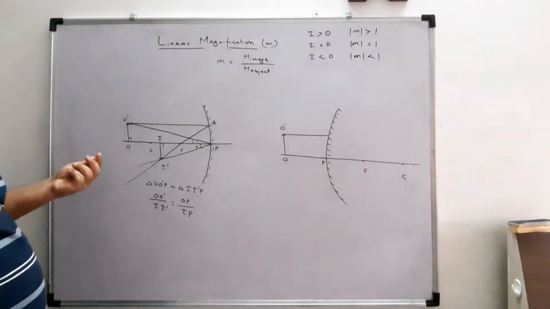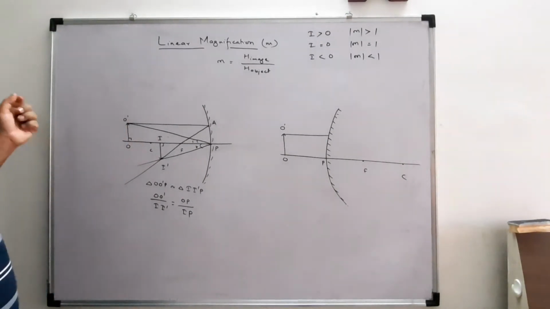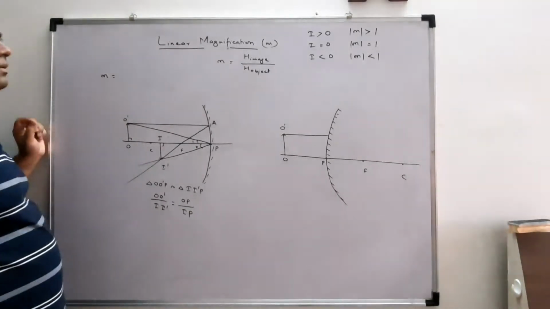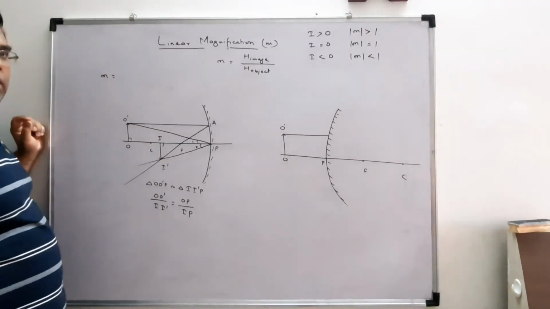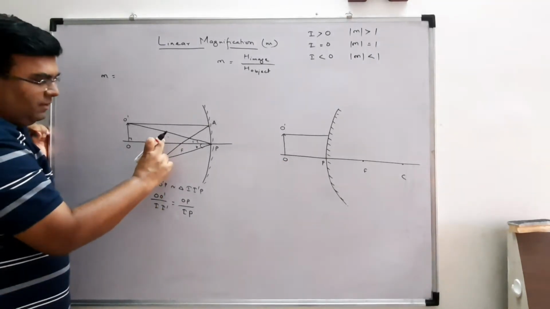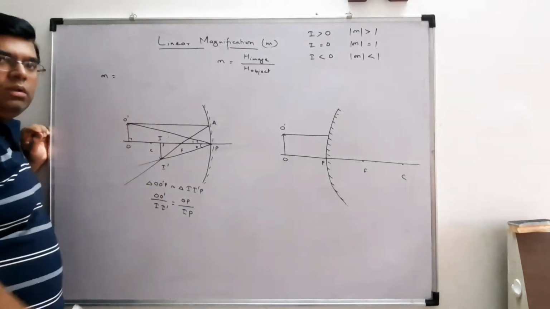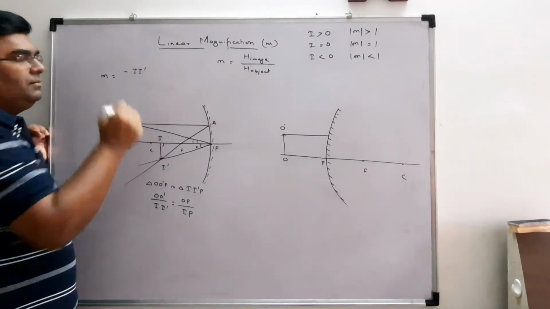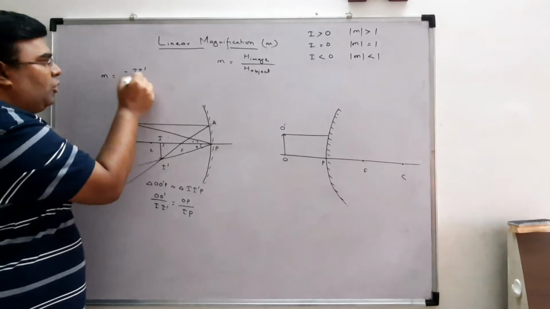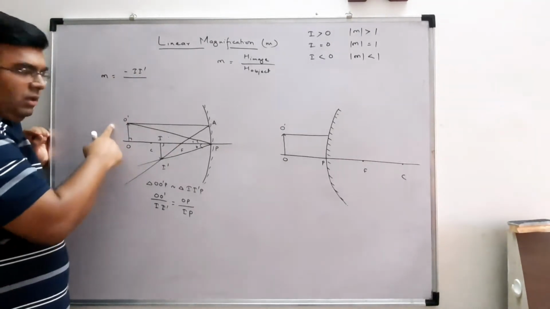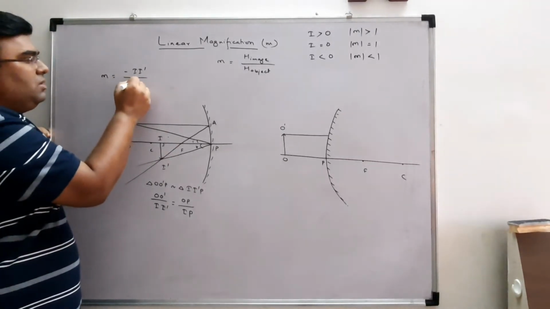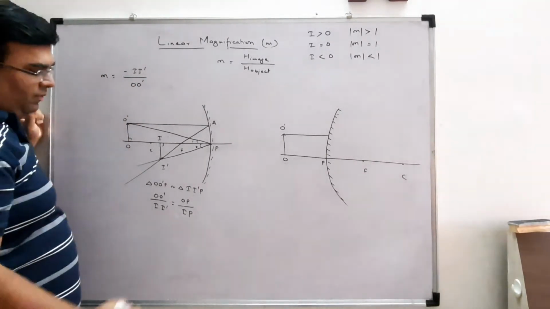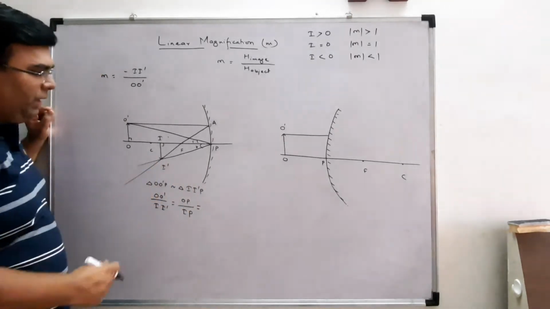Now M, magnification for this case, right? M will be what? We have defined it, right? So height of the image is what? I dash, but it is below the principal axis, so we will write minus I dash, okay? And height of the object, it is what? Above the axis, so we can write plus O dash, right? So here what is my OP?